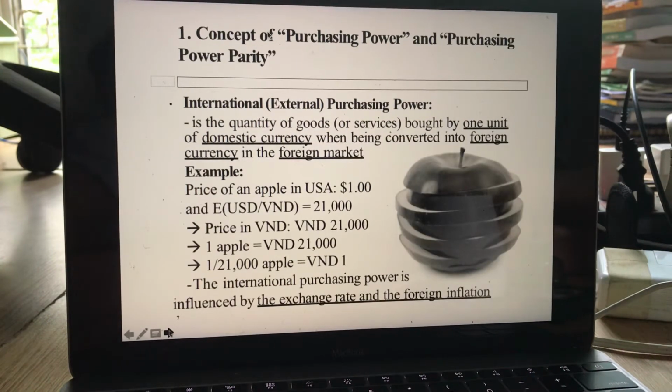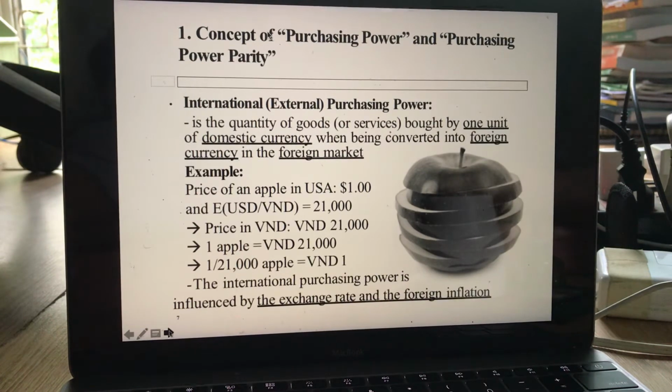The external purchasing power is the quantity of goods or services bought by using 1 unit of domestic currency in the foreign markets. So to buy the goods in the foreign markets, you first need to convert to the foreign currency, and then you buy the goods at the foreign market.